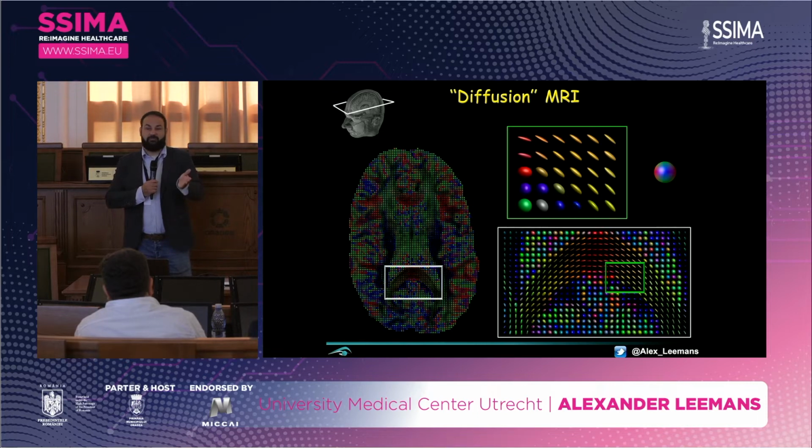So red means, for instance, 1, 0, 0, which is left-right. So everything shown in red here is some ellipsoid pointing left-right. Everything in green, 0, 1, 0, is pointing up-down. So it's basically enhancing your visual cues to look at this image.